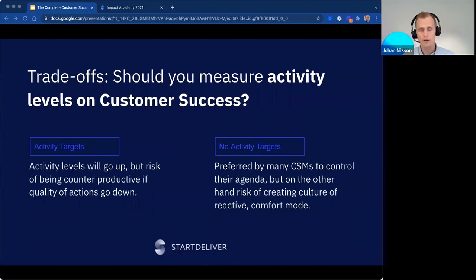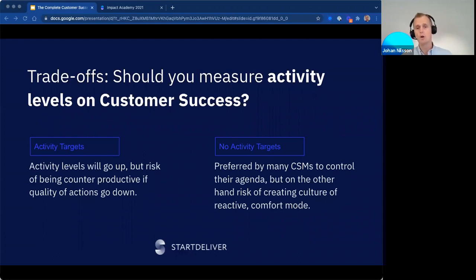But what about the quality of those activities? If you have to do X number of meetings with the customers every week, maybe you would do that just to tick the box, but what kind of meetings will those be? That could actually be really counterproductive. So be careful with that.